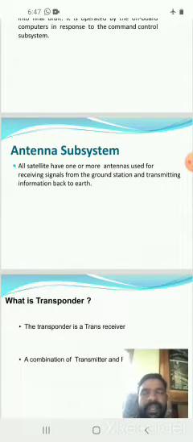Again, these signals are given to the transmitting antenna. So this transmitting antenna transmits the signal back to the Earth station. So the antenna subsystem is used for receiving and transmitting signals to communicate between Earth and satellite.